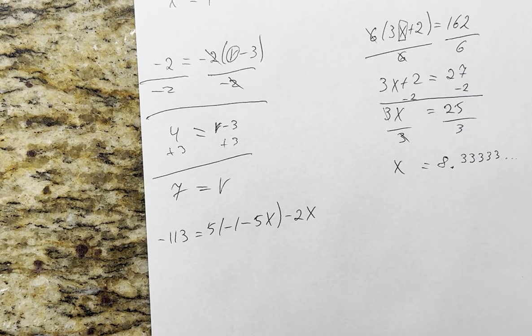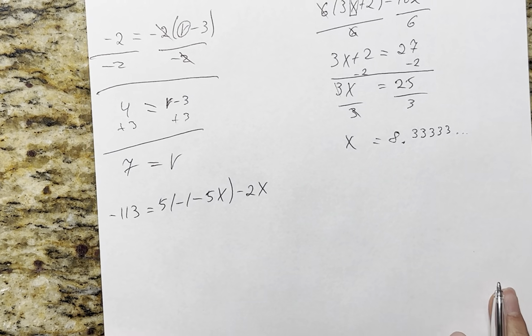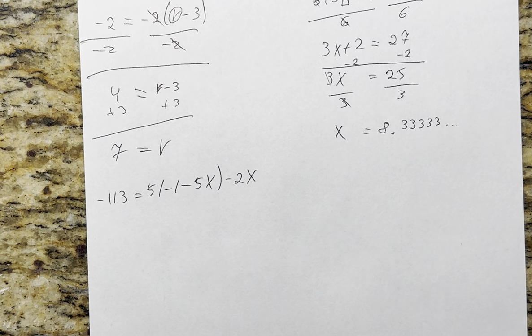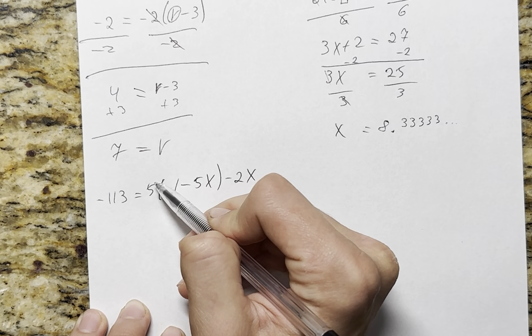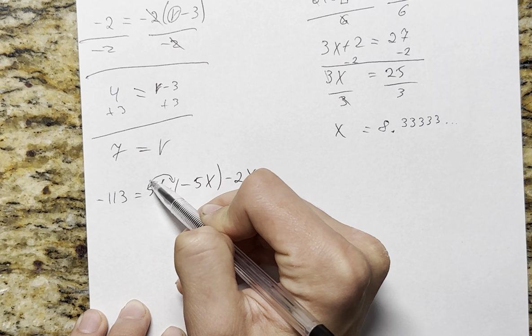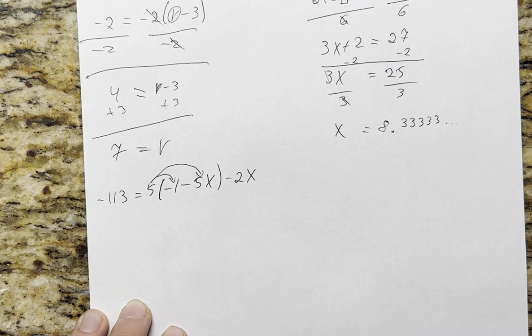Right, this one's a bit harder because you're not just dividing and subtracting. First you have to multiply 5 to each of these numbers in parentheses.